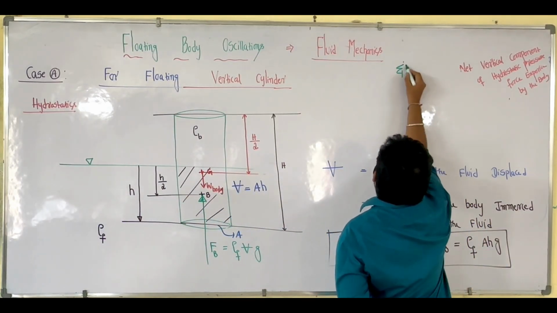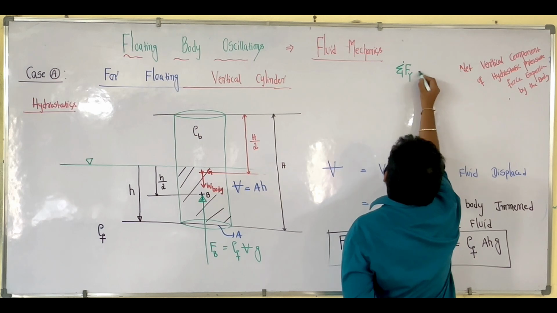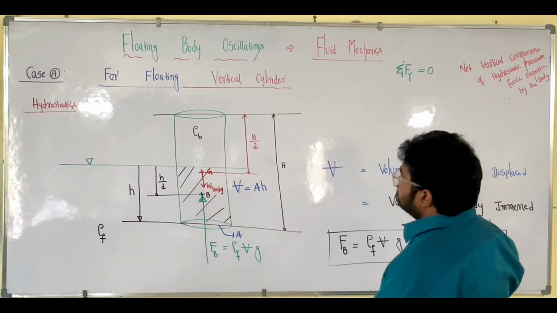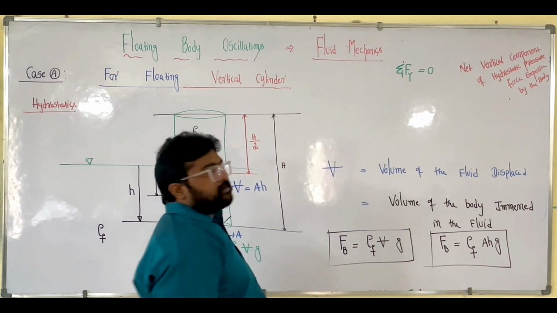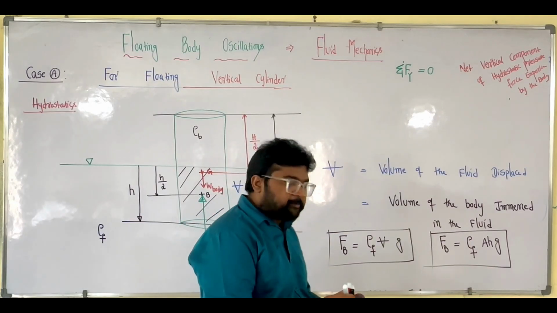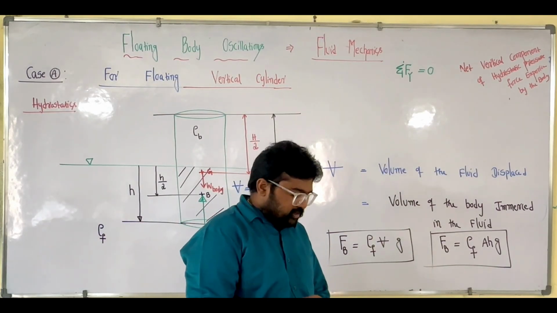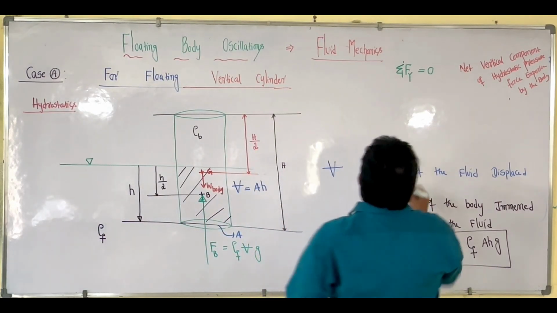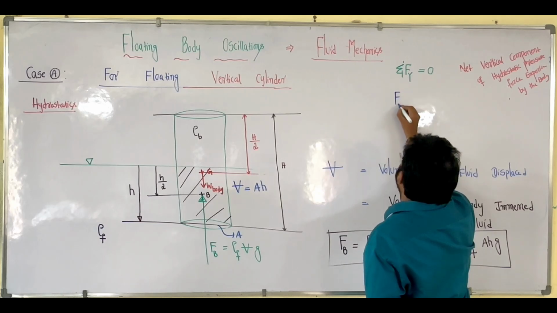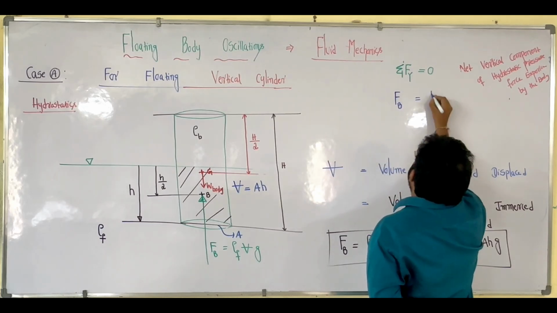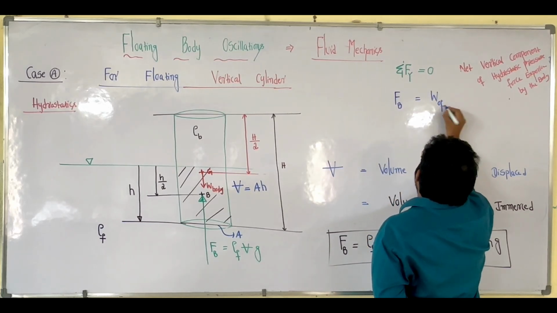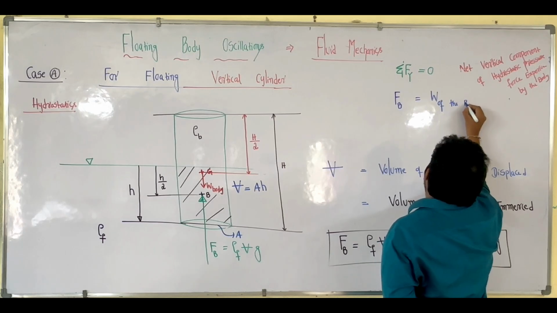Sigma Fy equals 0. Sum of the upward forces equals sum of the downward forces. Buoyant force is balanced by who? Weight of the body. So buoyant force equals weight of the body.